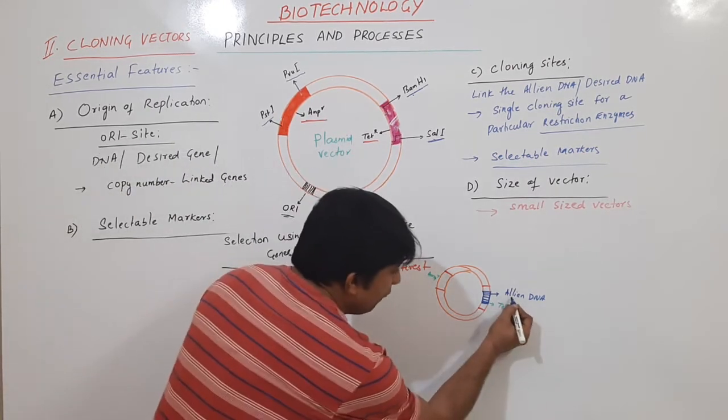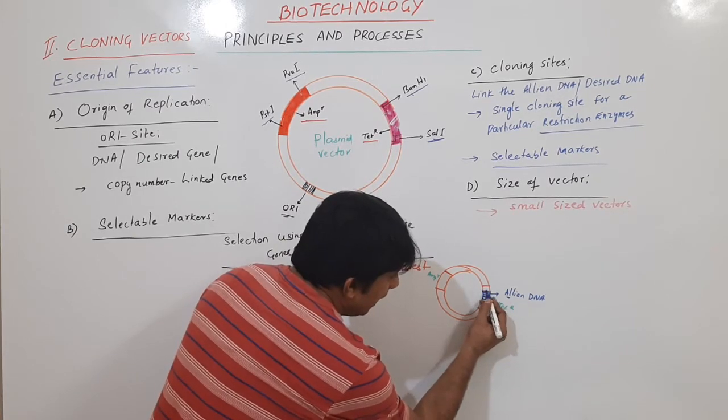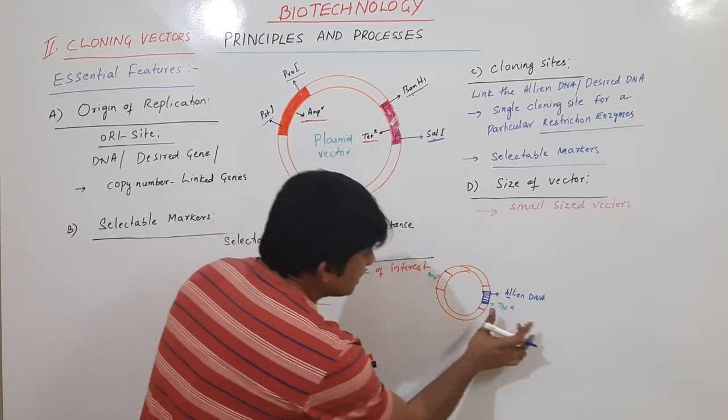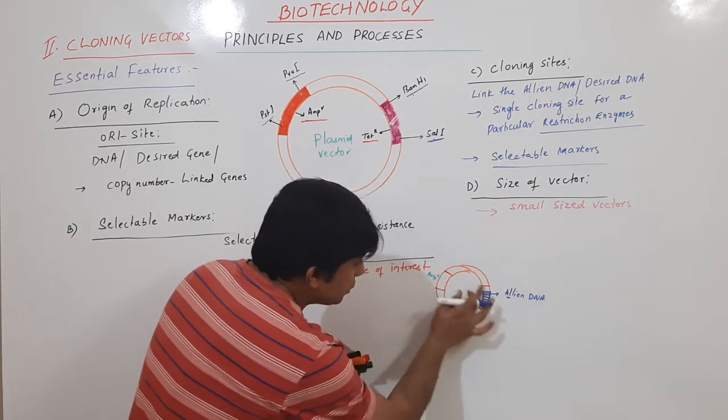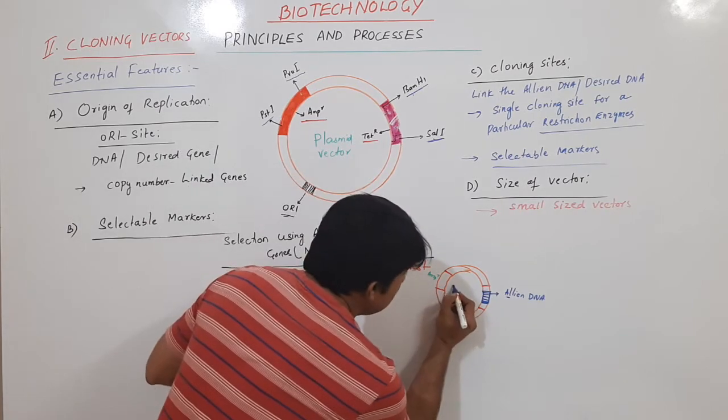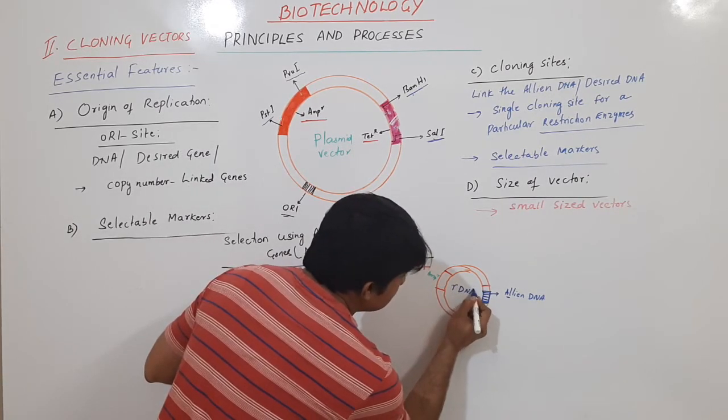Now, because of adding alien DNA at the tetracycline gene, because this tetracycline gene is cleaved, it does not show resistance to tetracycline. Now this is called recombinant DNA.